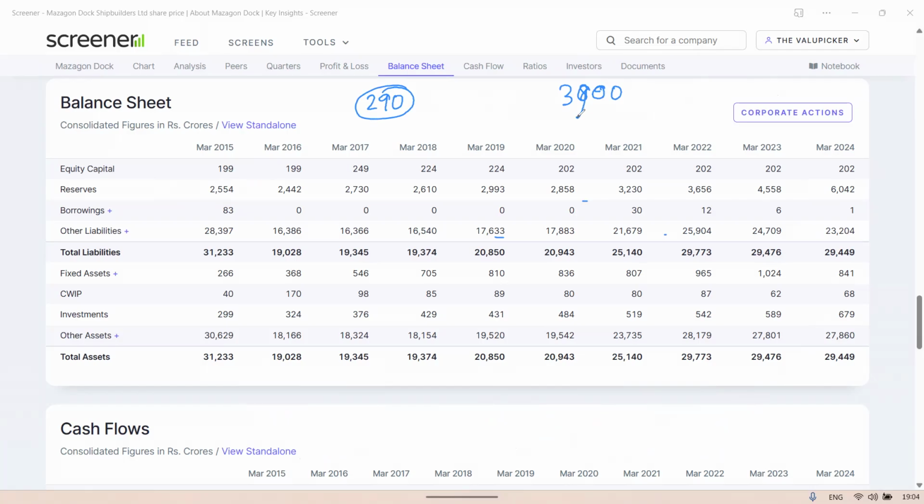So how much has it gone up? 3,900 divided by 290. You can see that it has gone up by 13.5x, this much. So as the price moves, the market cap also moves.